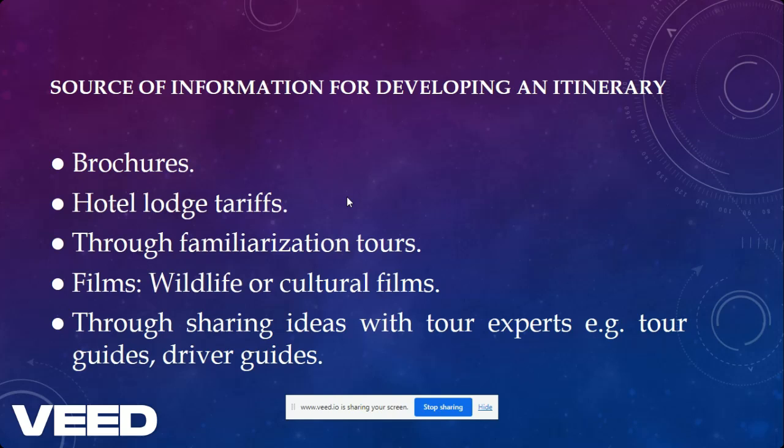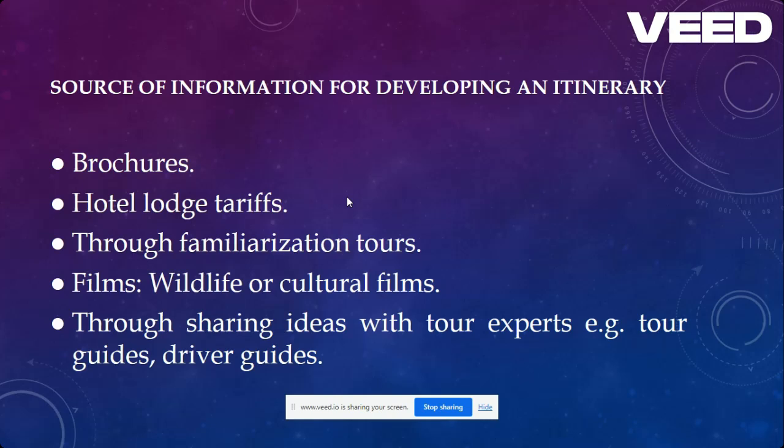And then we also have information through familiarization tours, whereby the travel agent or the tour operator goes to see the place or the accommodation or the attraction, how it looks, to be able to get information of what to plan. We also look at films, the wildlife or cultural films that talk about tourism. And then we also get information by sharing ideas with the tour experts, for example, tour guides or driver guides.